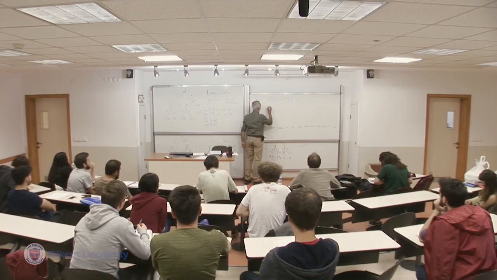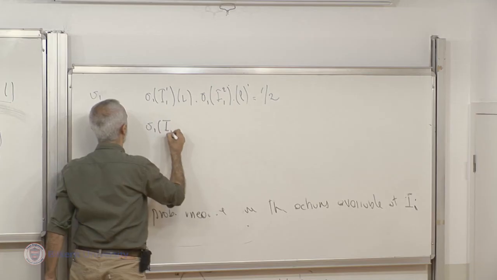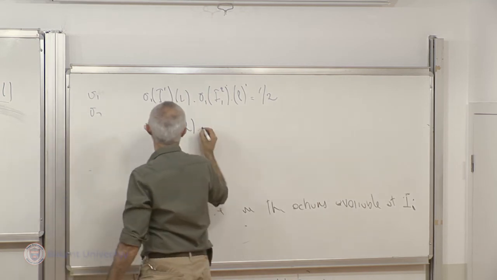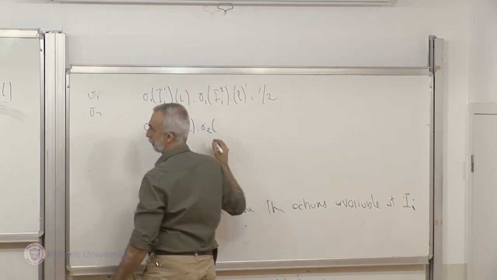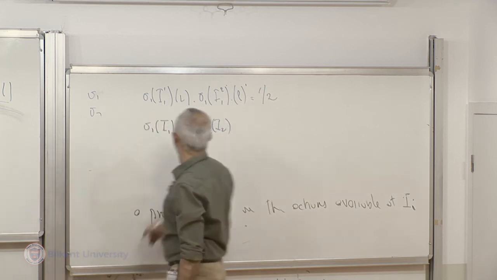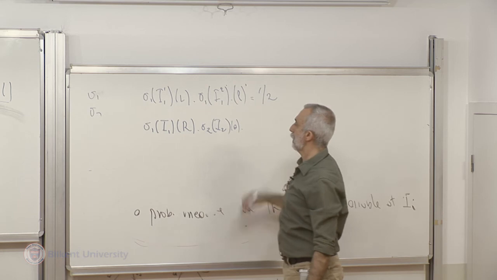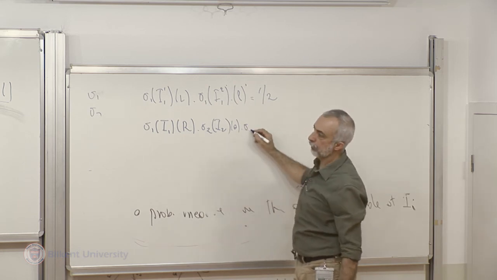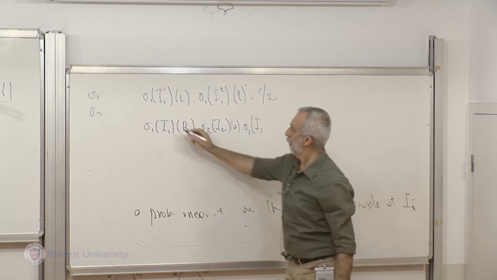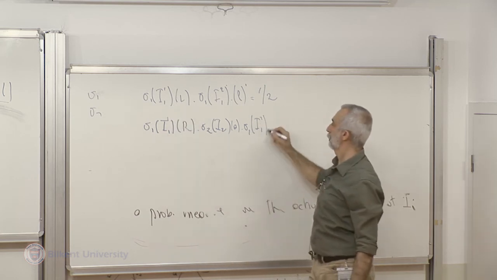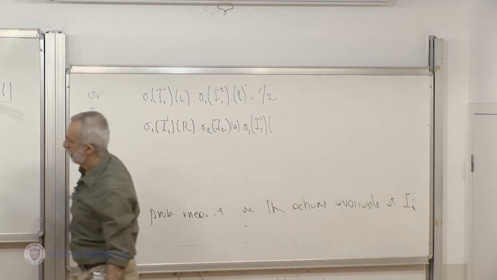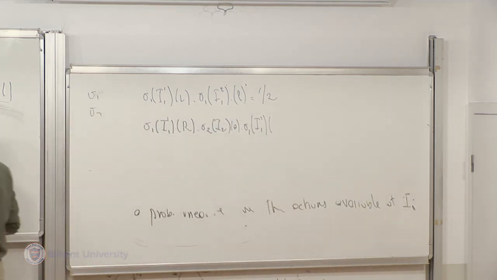Also, what do we have? Sigma 1 of I11 at R times sigma 2 of, well, I'll just call it I2 because he has only one information set, at A, times sigma 1 of I12 at L. By the way, I did make a mistake here, right?